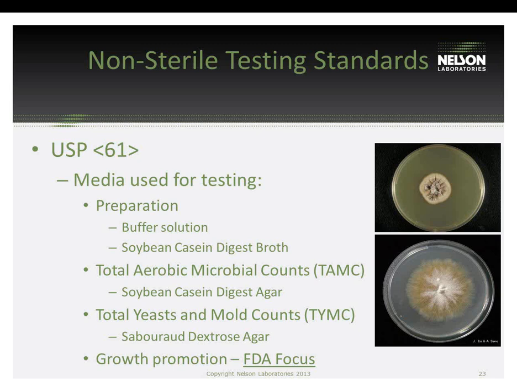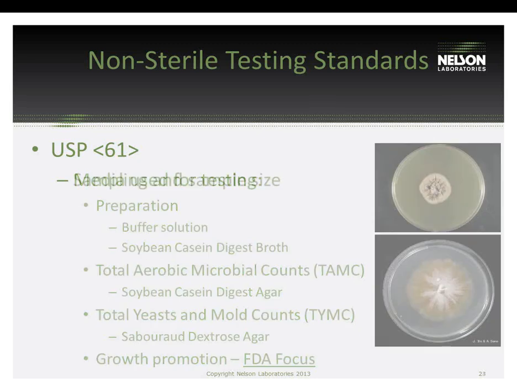And at the bottom there, I have growth promotion as an FDA focus. It's always important, not just for this test, but for environmental plates or any media used, to have growth promotion to show that the agar is actually able to grow the organisms that you need it to, for each lot.